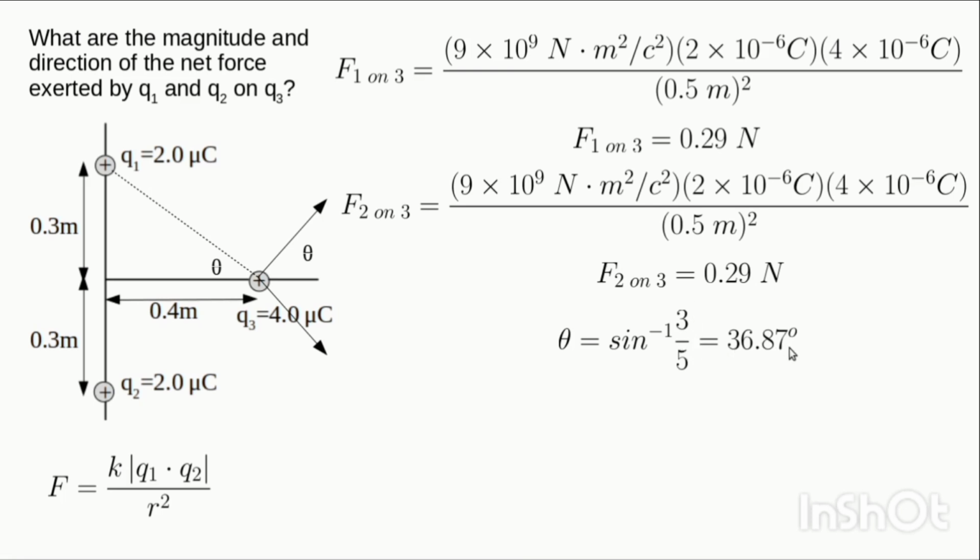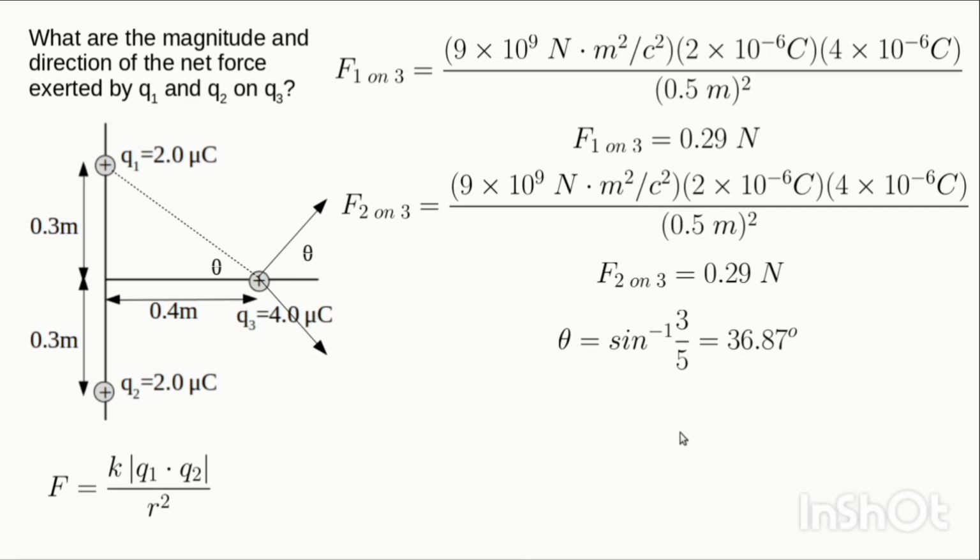So our theta here is 36.87, and our theta here is also 36.87. So the angle between this force F2 on 3 and force F1 on 3 will be 2 times this one, because this angle here is theta, and this angle here is theta. So the angle between these two forces will be 2 times this.